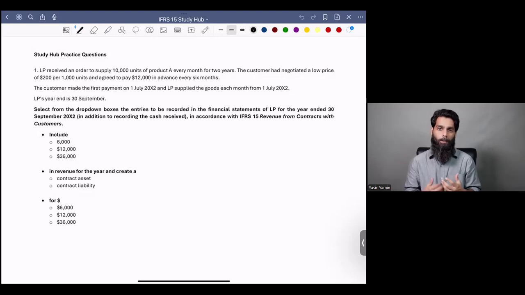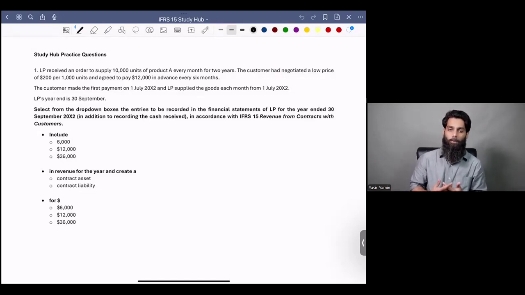The fundamental principle defined under IFRS 15 for revenue recognition is that an entity shall only recognize revenue when a particular performance obligation, which is outlined in a contract, has been satisfied.